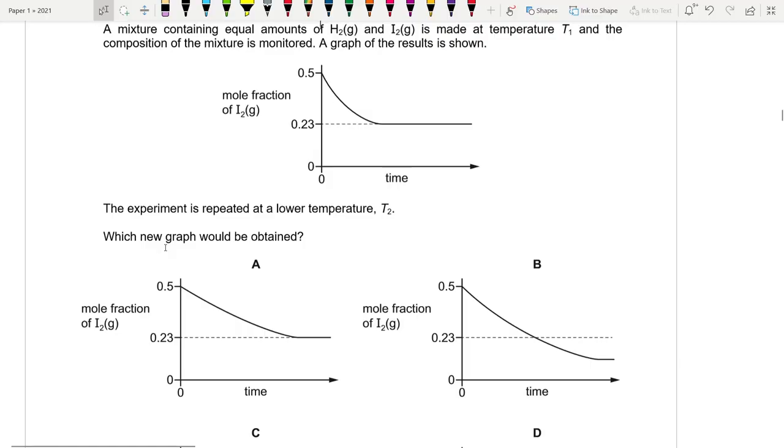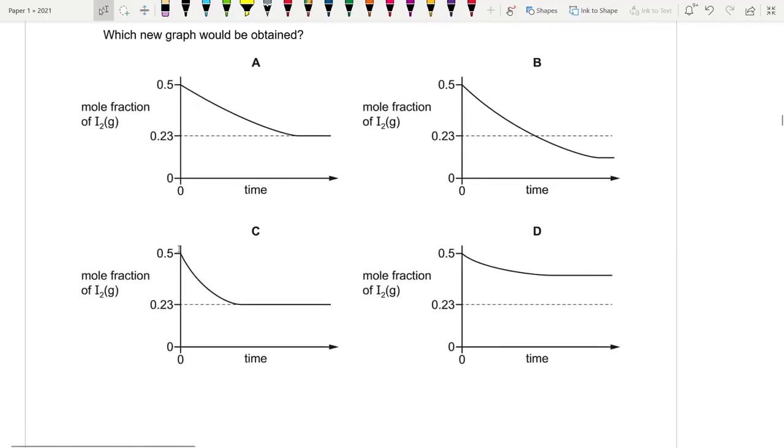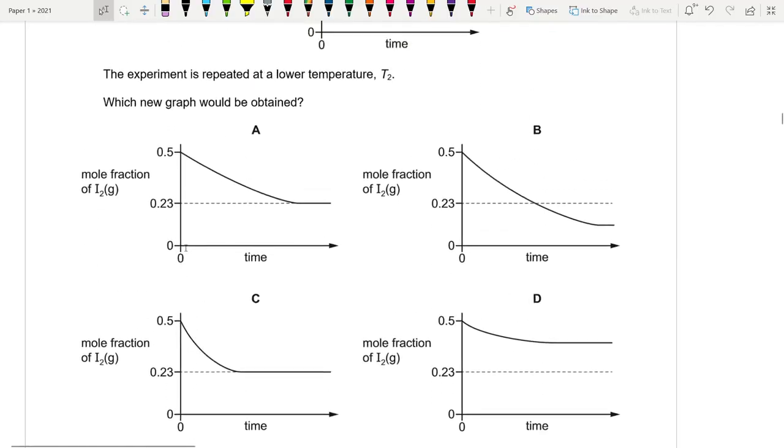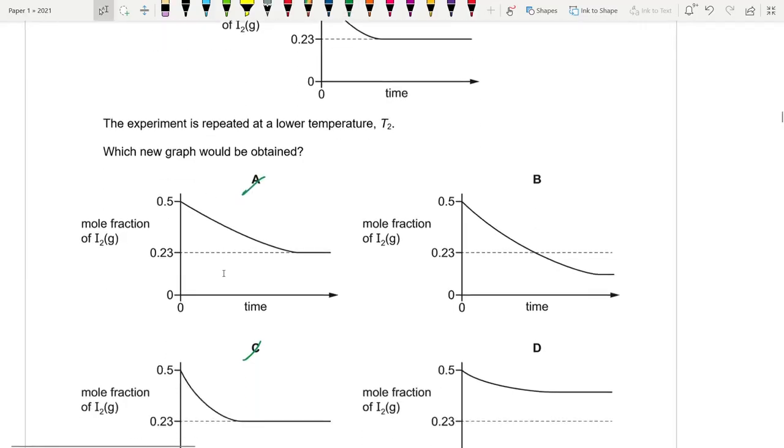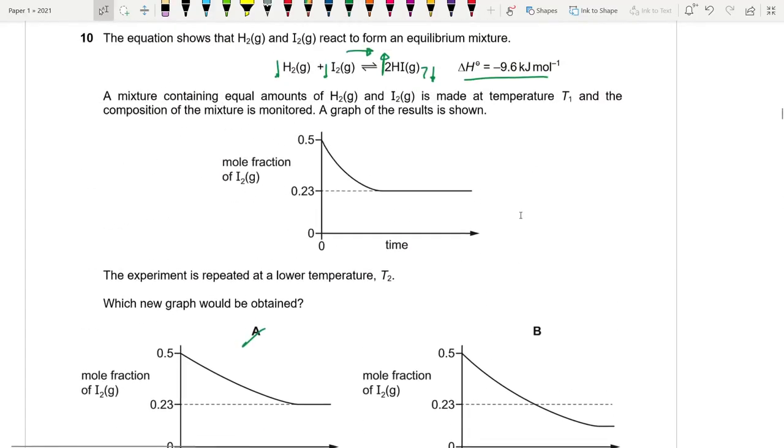So in the new one, C is wrong because it shows that the mole fraction of iodine remains the same, but that's not true. Same goes for A. In the next one, we have to look for two things, okay? They could have made this question a bit more difficult, but they didn't.